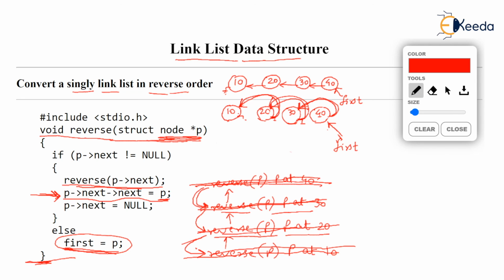Reverse 10 was called from main. So main will resume, and look, we have a reversed list with 40 as the first. Next of 40 points to 30, next of 30 points to 20, next of 20 points to 10, and next of 10 is null. Great, isn't it? I hope you have understood how to reverse a singly linked list. Thank you very much.